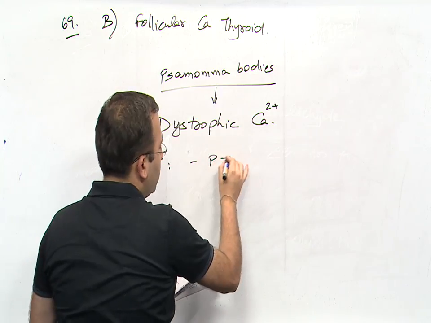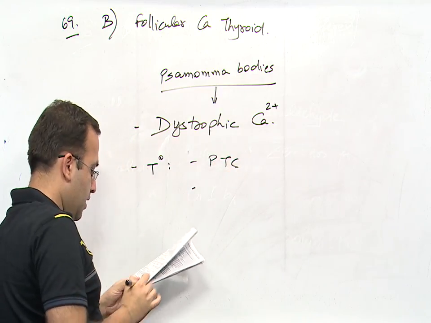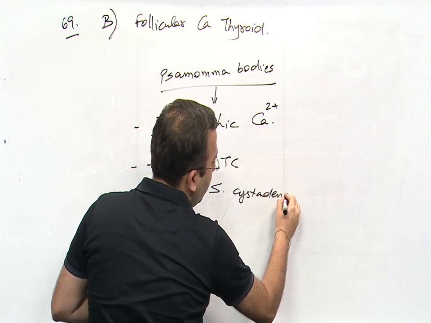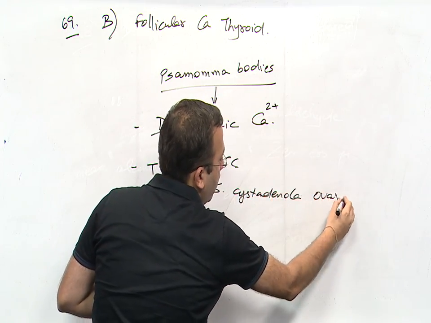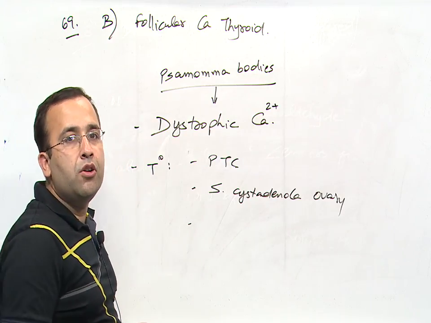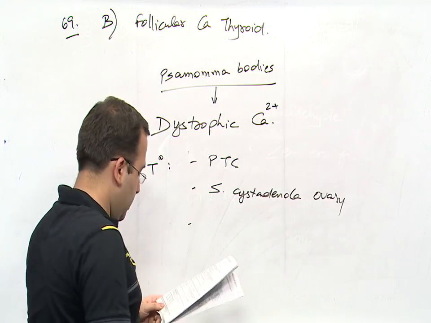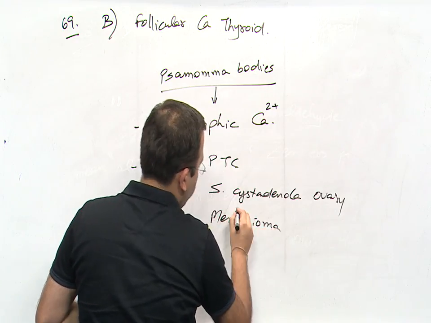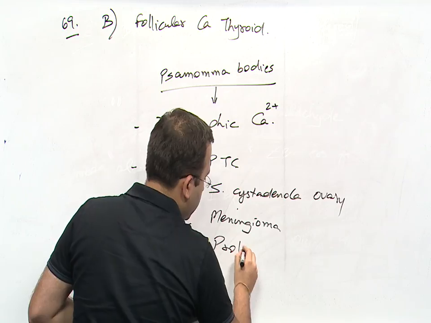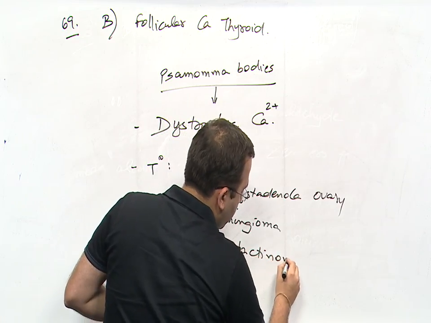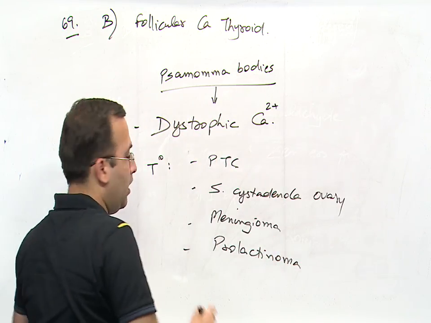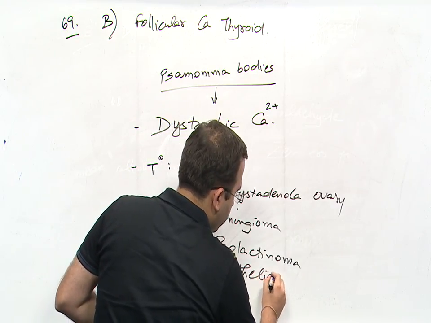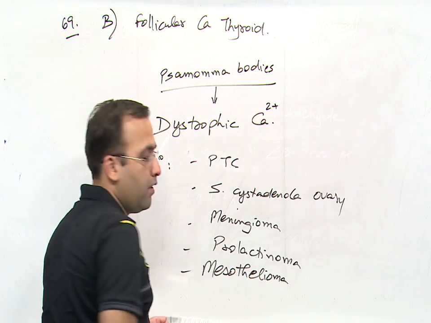Papillary carcinoma thyroid, that is PTC. Next, serous cystadenocarcinoma ovary. Next, meningioma. Next, prolactinoma and mesothelioma.